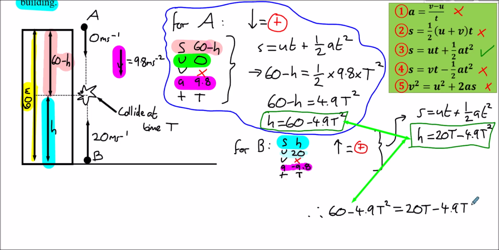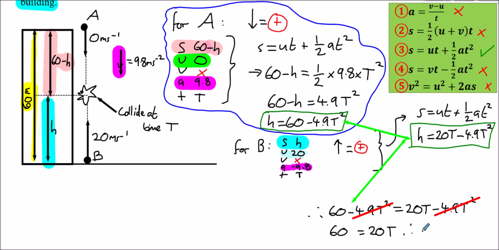And as your luck would have it, the 4.9T squareds will cancel on both sides. If we add 4.9T squared to both sides, this one and that one will cancel. So we're left with 60 equals 20T.